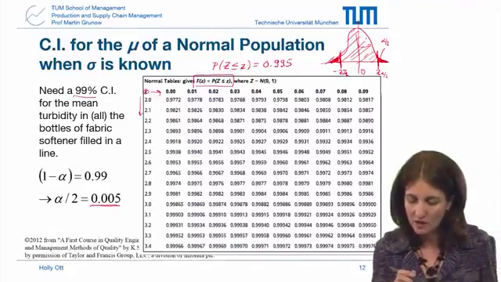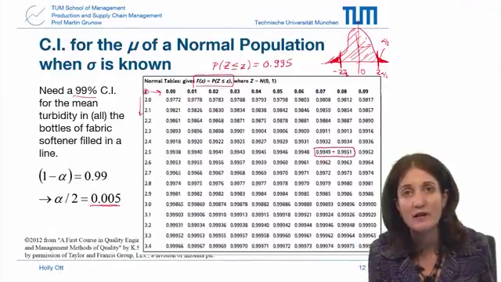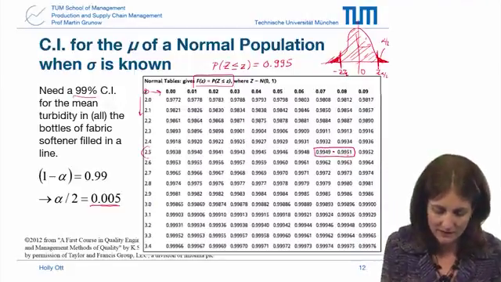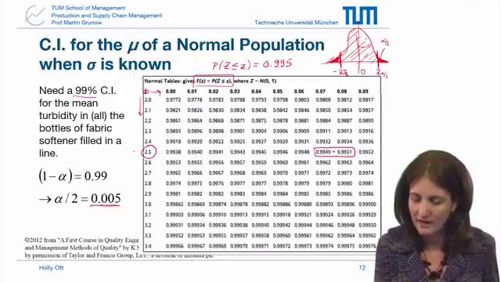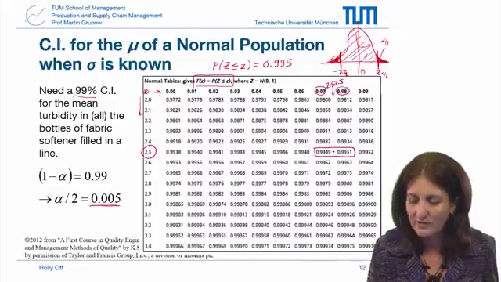0.995. So we look for 0.995, and I can see here that it's lying right midway between 0.9949 and 0.9951. So I read my z value: 2.57, 2.58, so 2.575, right in the middle.